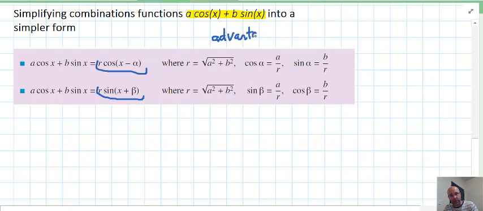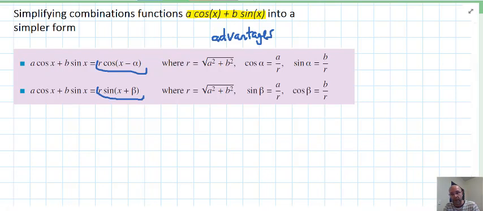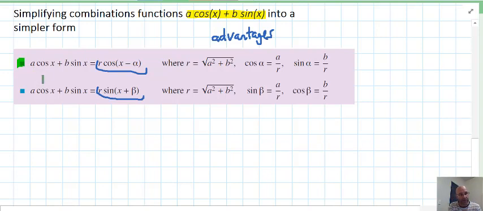So it does have purposes, but this video is not so much about the purposes, it's about where these equations and rules come from. So let's have a look at that, and after that we'll do a straightforward example. Before we get into the examples, we can see that in the first instance, a cos x plus b sine x can be shown to equal some r cos(x minus alpha), where alpha is an angle.